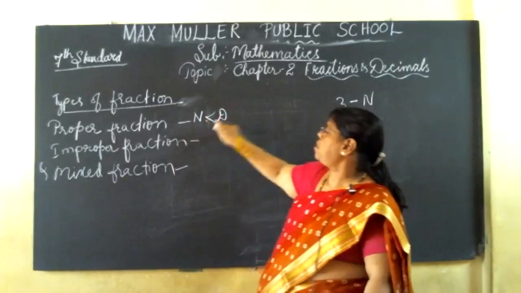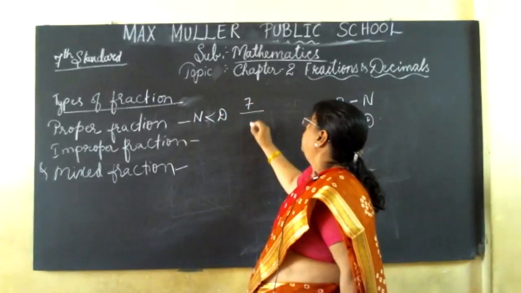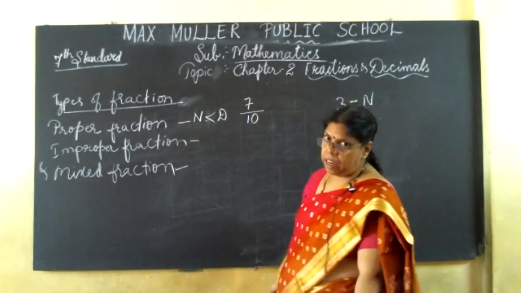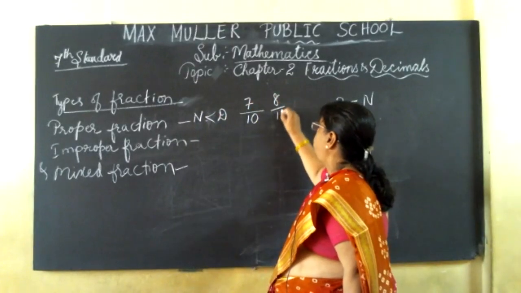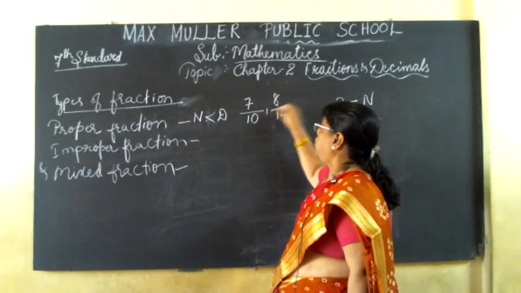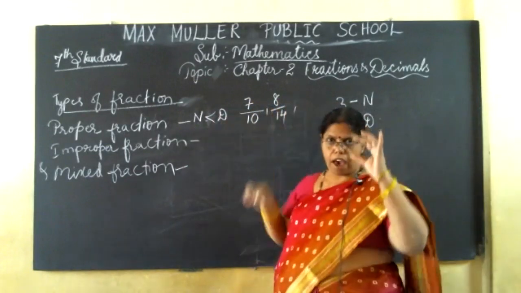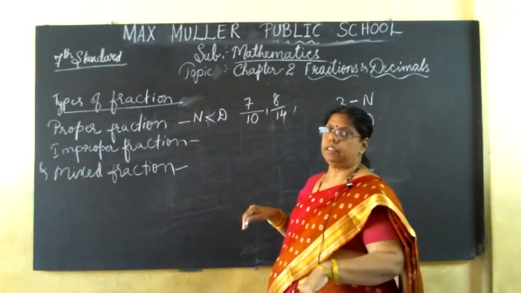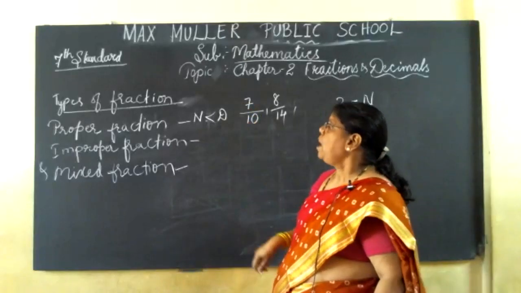Likewise 7 by 10, 8 by 14. The numerator must be the small number and then the denominator. So the examples are like this.